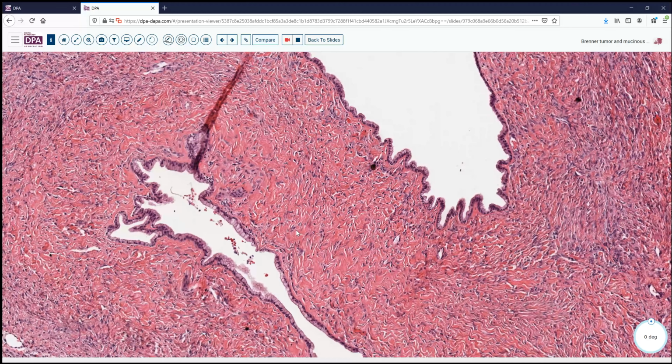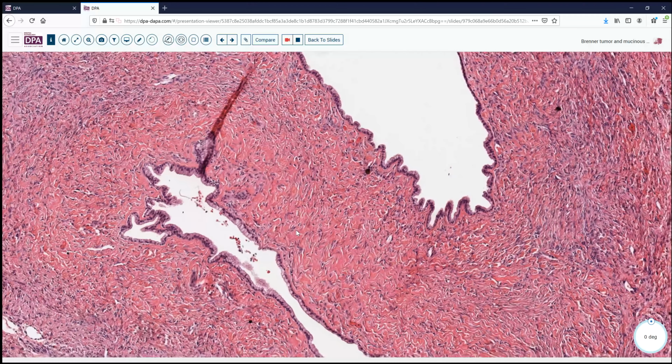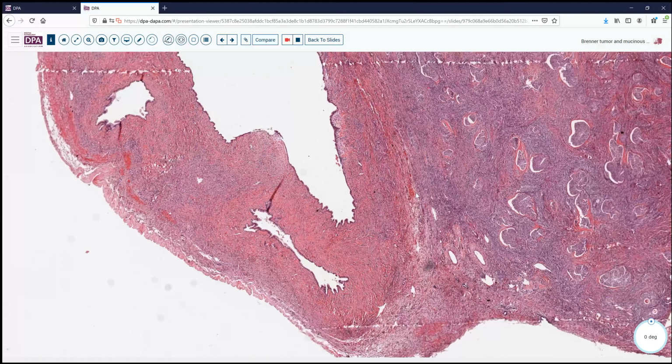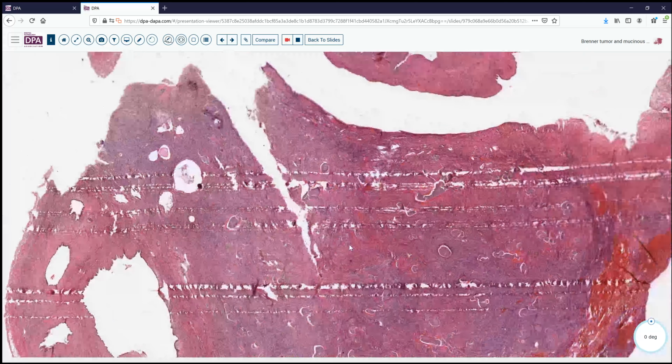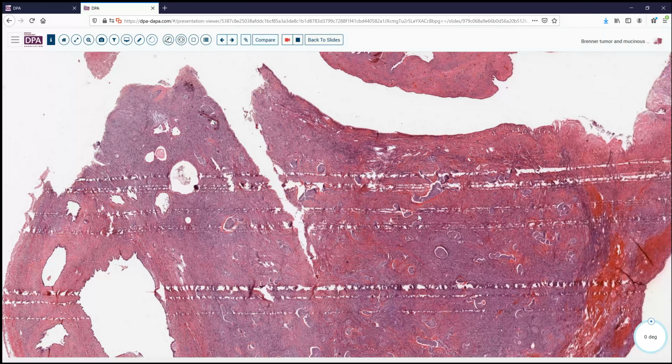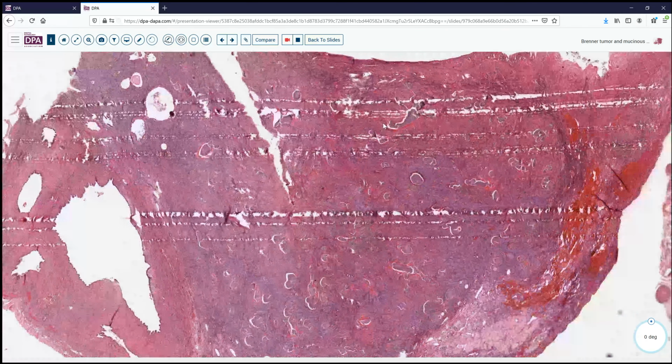So we have a combined mucinous cystadenofibroma with a Brenner tumor, illustrating again that some of these lesions can have mixed epithelial cell types. These appear to be somewhat separate, so they might actually be two separate tumors colliding with one another. But in either event, both are benign and the behavior is going to be good.